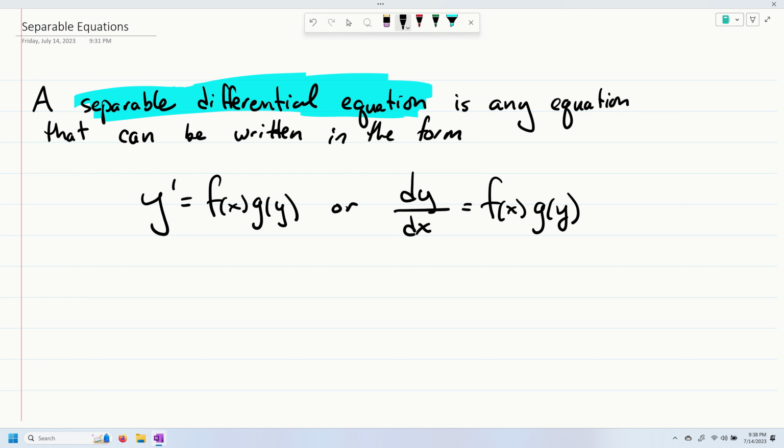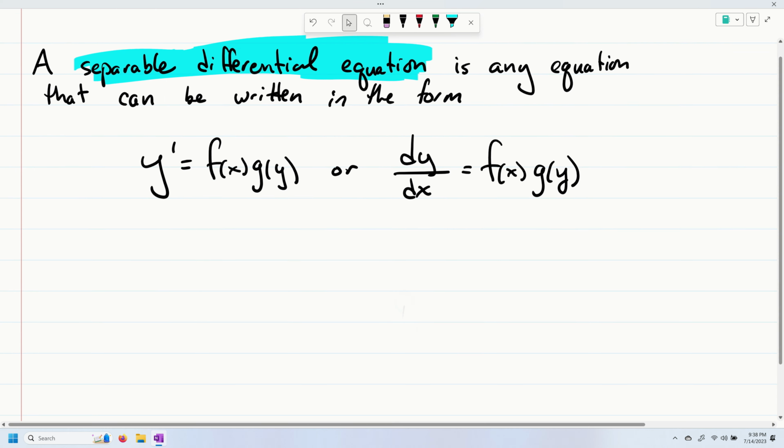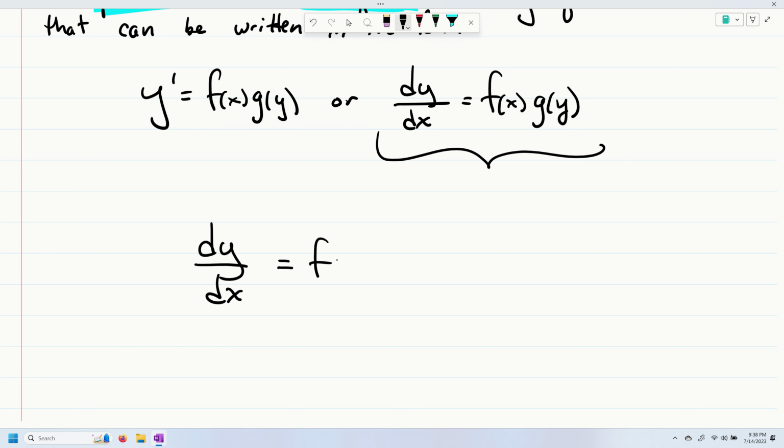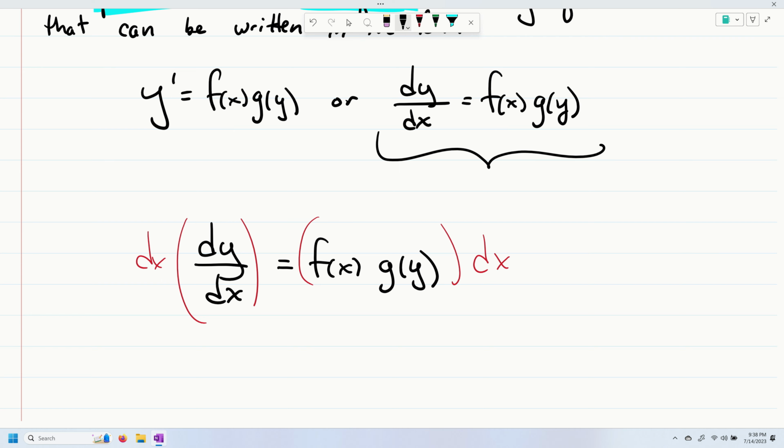Now, what makes these equations separable is the fact that we can actually separate by grouping the variables together on each side. For example, I'm going to multiply both sides of my equation by dx first.